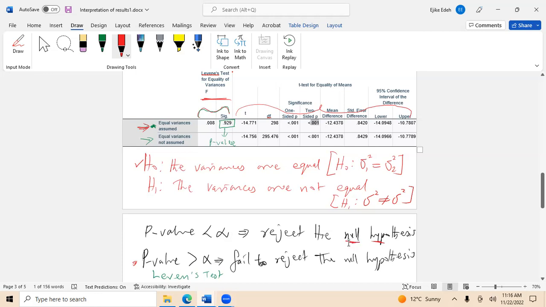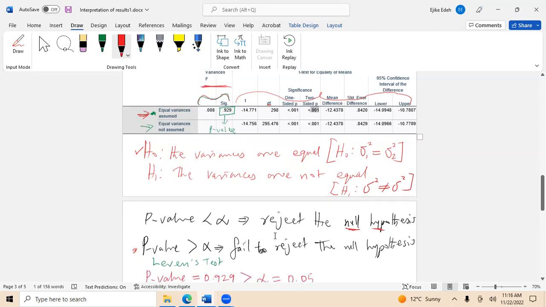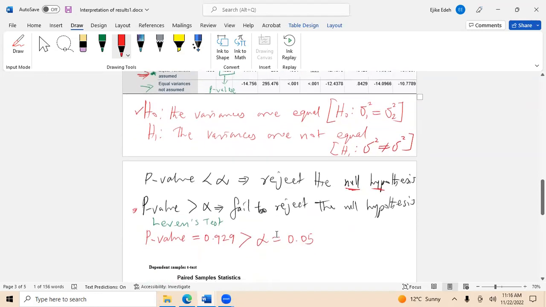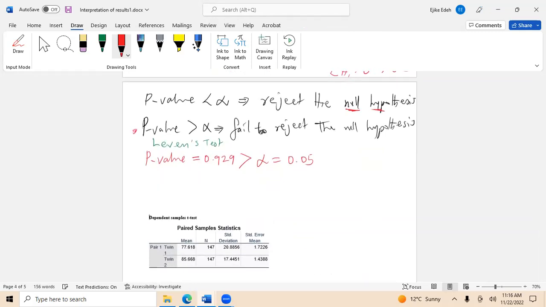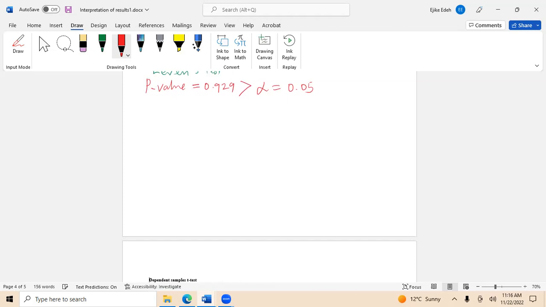If you reject the null hypothesis, you are essentially saying that the two samples are different. But let's write that down in more detail, using green again for the independent sample t-test.